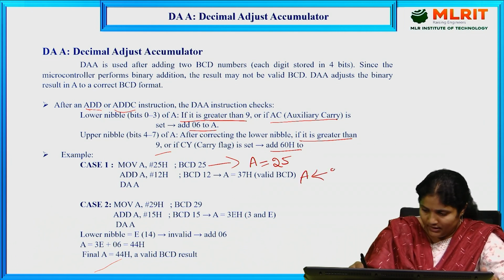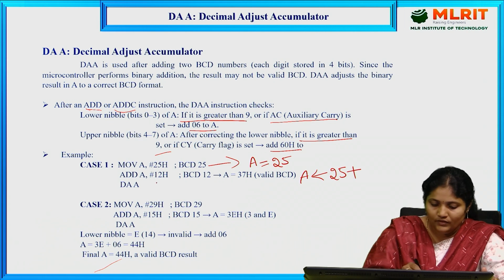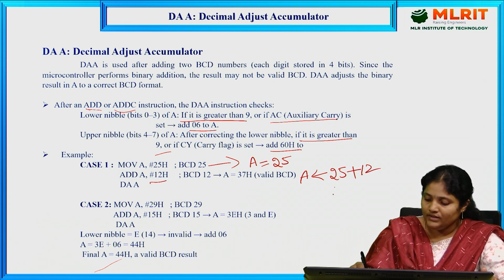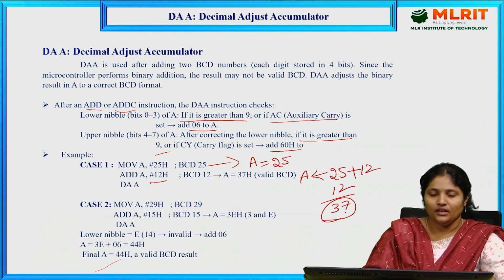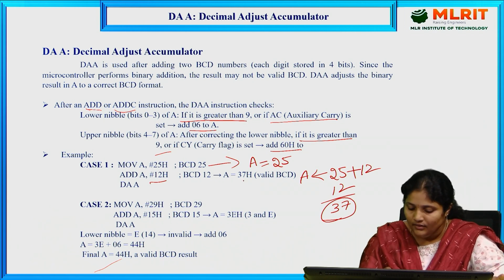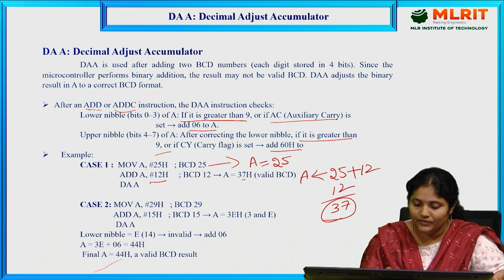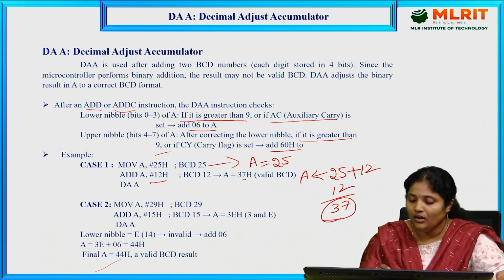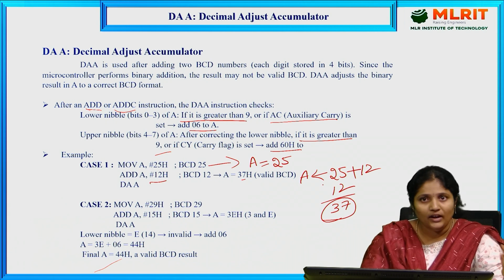The accumulator is 25 plus 12. What is the output? 37H, which is a BCD. So if you check, the lower nibble is 7, not greater than 9, right? And no auxiliary carry was generated while doing the addition.